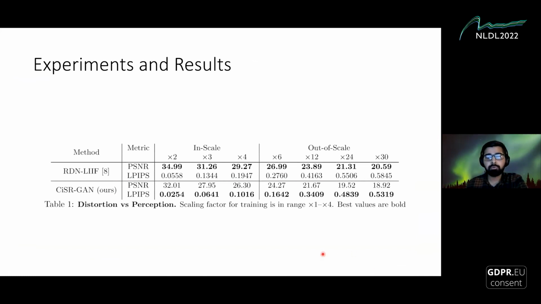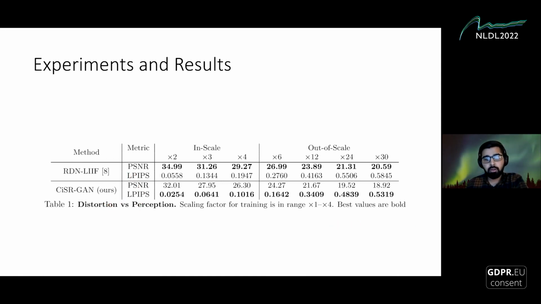This table shows the quantitative comparison of our method with LIF. The perceptual similarity metric, LPIPS, is a distance metric. Therefore, the lower the value, the better, whereas the higher the peak signal to noise ratio, PSNR for short, the better. Blau et al. have previously shown that there is a trade-off between distortion and perception, and this can be observed for our model as well.